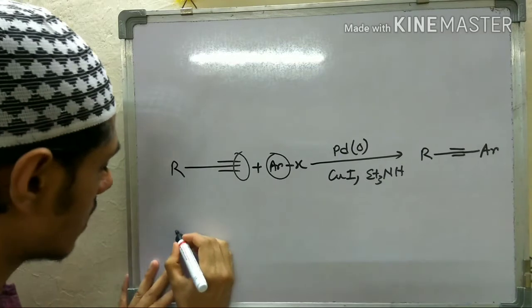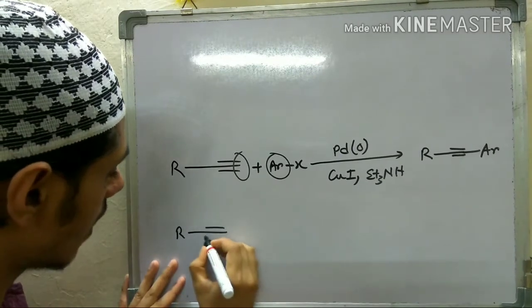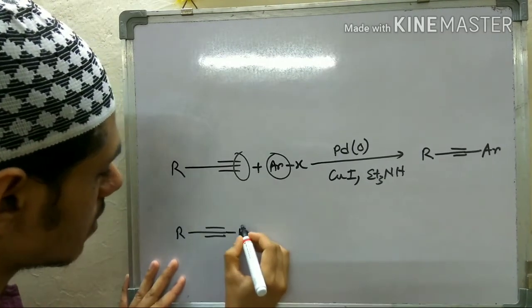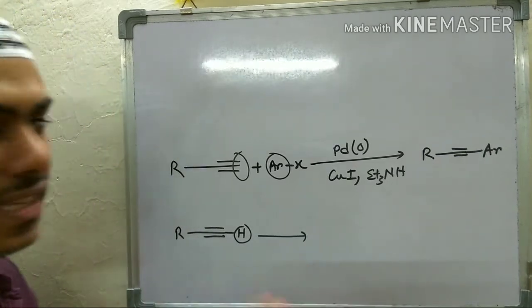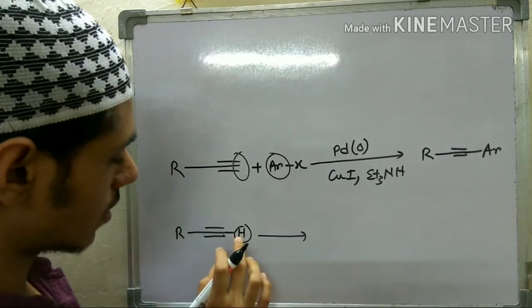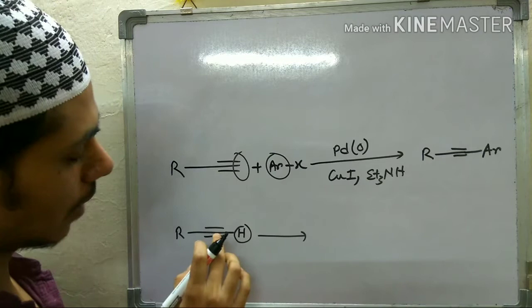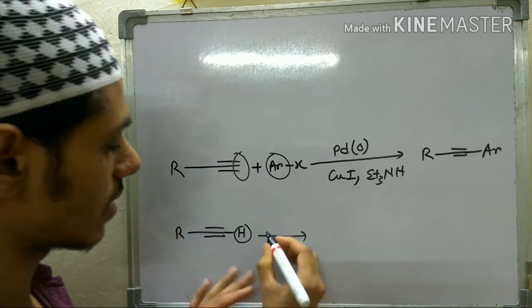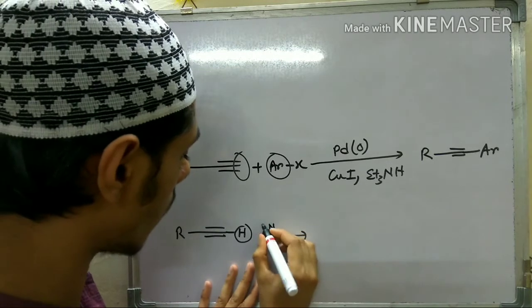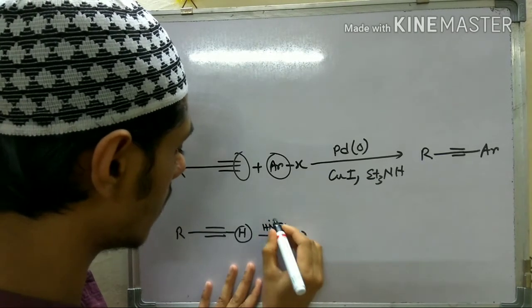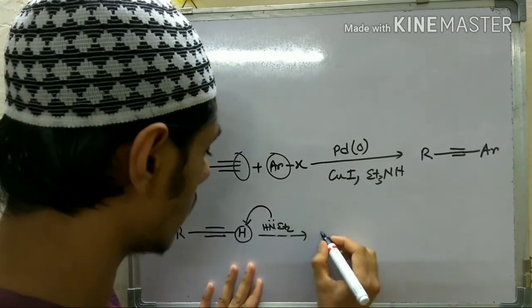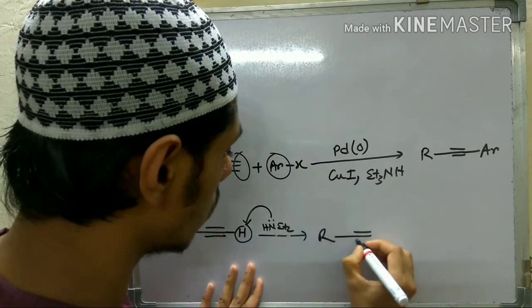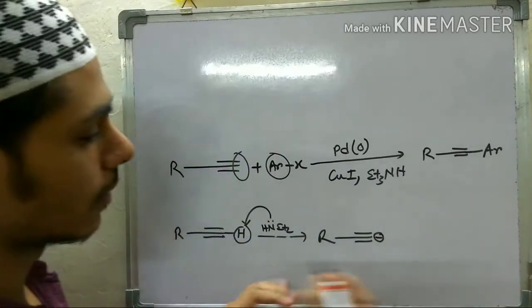First, this is an alkyne, and you know the hydrogen of this alkyne is pretty acidic because it is attached to an sp carbon atom, which is electronegative, so it will withdraw electrons that make this hydrogen acidic. In the presence of a secondary amine, it will be deprotonated to give you this anion.